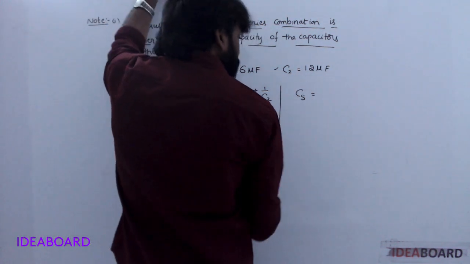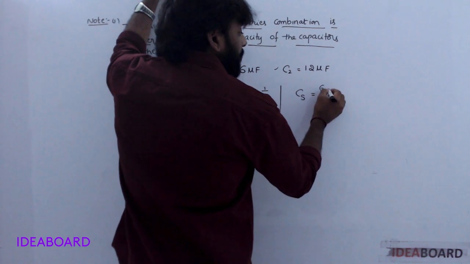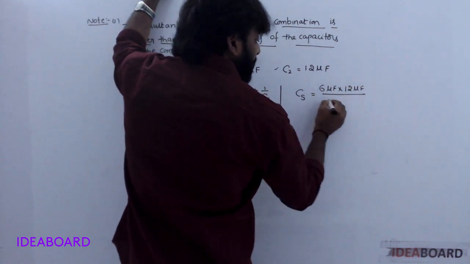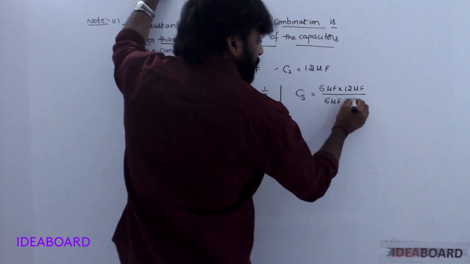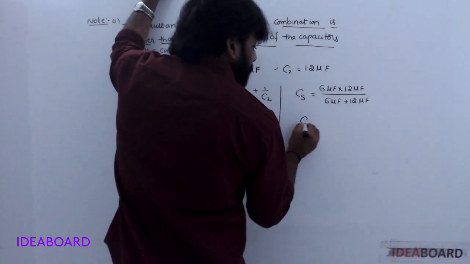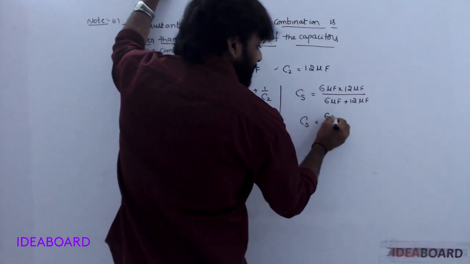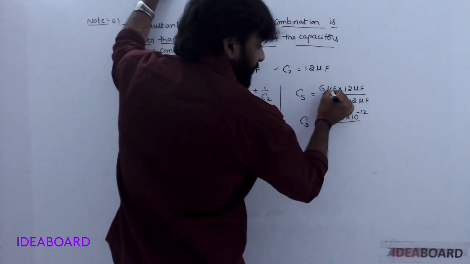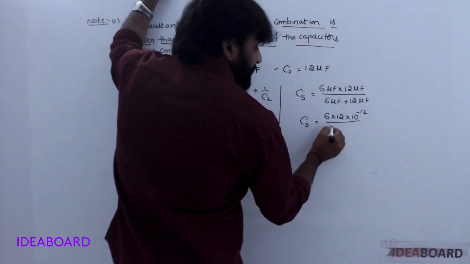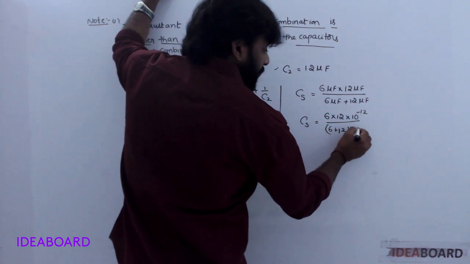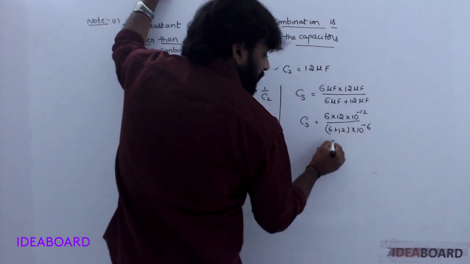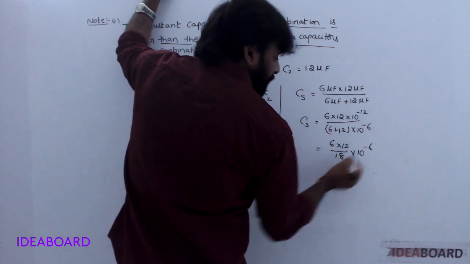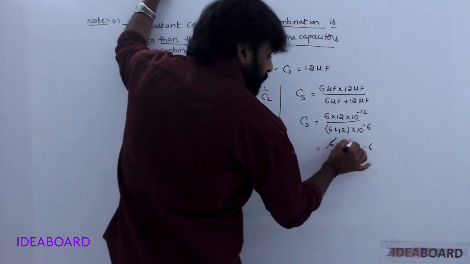C series is equal to 6 microfarad into 12 microfarad by 6 microfarad plus 12 microfarad. That is 6 into 12 into 10 to the power of minus 6 by 6 plus 12 into 10 to the power of minus 6, which is 6 into 12 by 18 into 10 to the power of minus 6. 3 times, here 4 times.